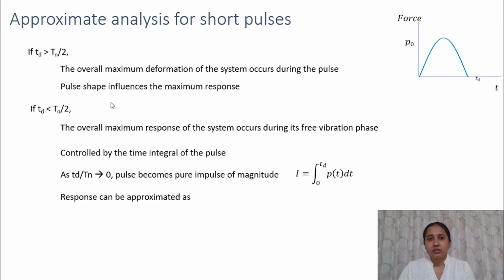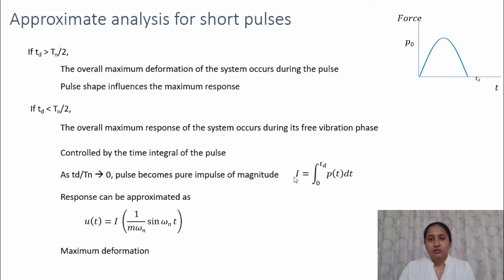If the duration of the pulse is very short, less than Tn by 2, we can approximate this pulse excitation as an impulse with this magnitude. The magnitude of the impulse will be the area of this force.